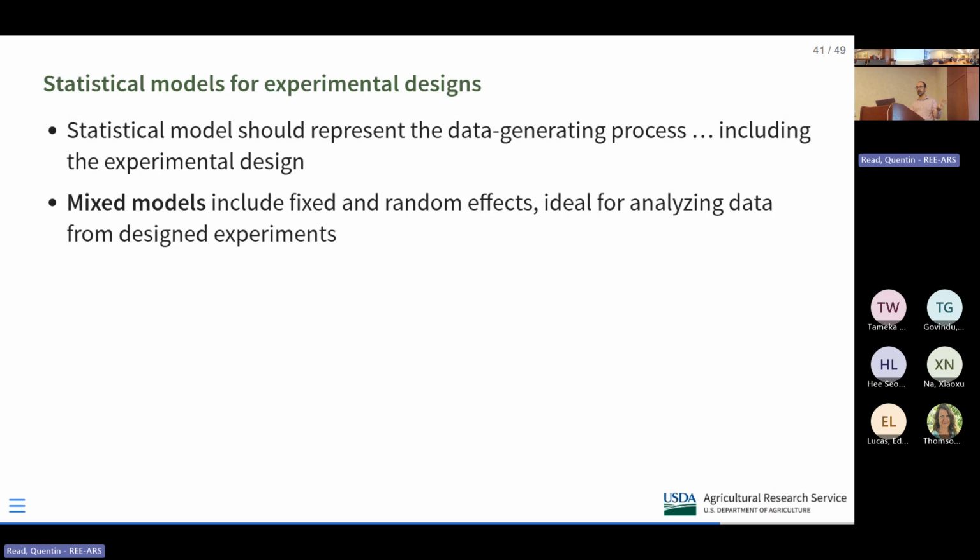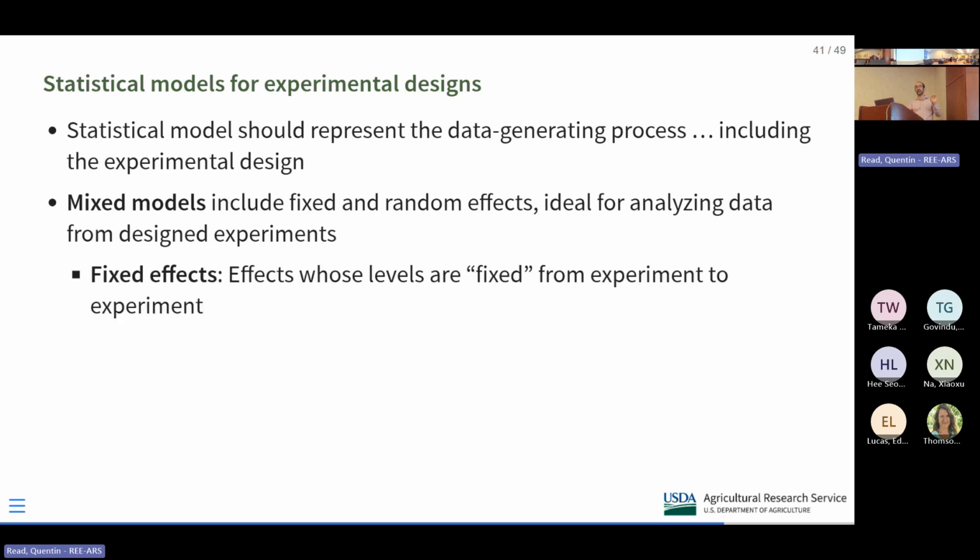A mixed model is a statistical model that includes fixed effects, and those are effects that are consistent from experiment to experiment. Like if we are doing an experiment to test the effect of a drug, the drug term in the statistical model is a fixed effect, because if somebody else wanted to repeat that experiment another time, we would use those same levels in that experiment.